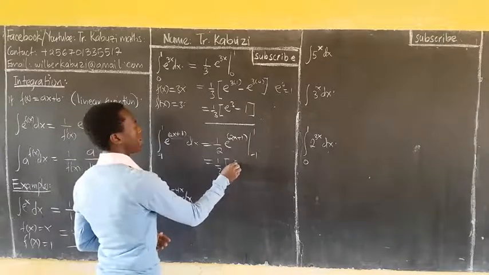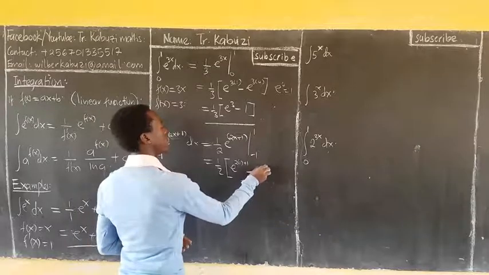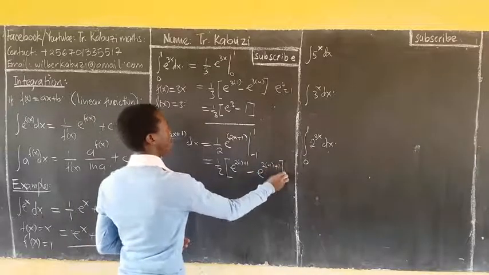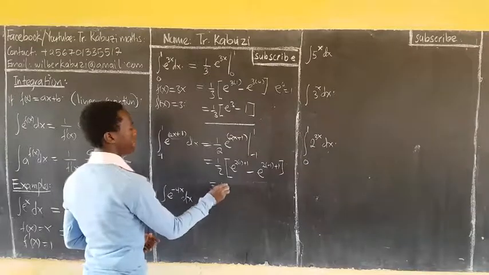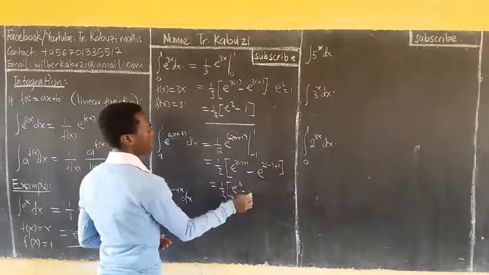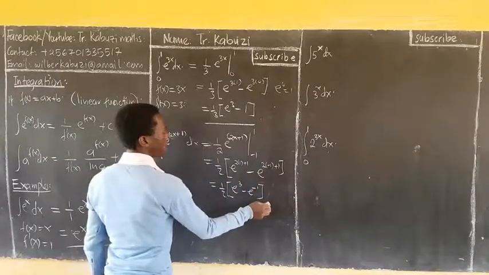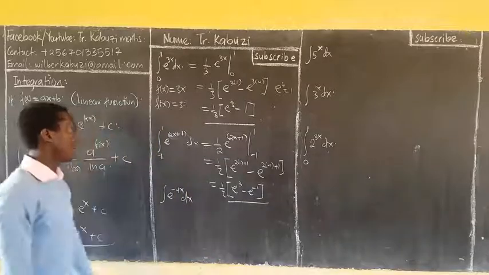When I put in 1, I have 2 into 1 plus 1, then minus e to the 2 into negative 1 plus 1. This will be a half into e to the 3, minus e to the negative 2 plus 1, which is e to the negative 1, and you can evaluate that on the calculator.